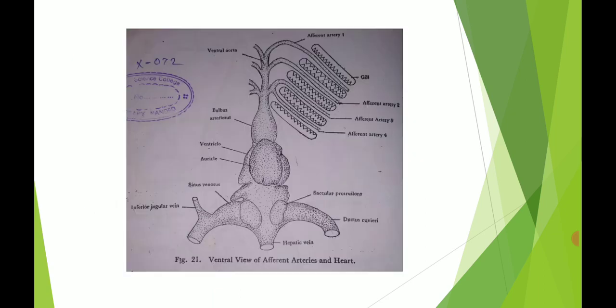This is the ventral view of the afferent arteries and the heart. The gill arches are present here: afferent arteries for the second, third and fourth, and at the top the afferent arteries. Here are the ventricle, auricle, then the jugular veins in the ductus Cuvieri, and these are the hepatic veins.